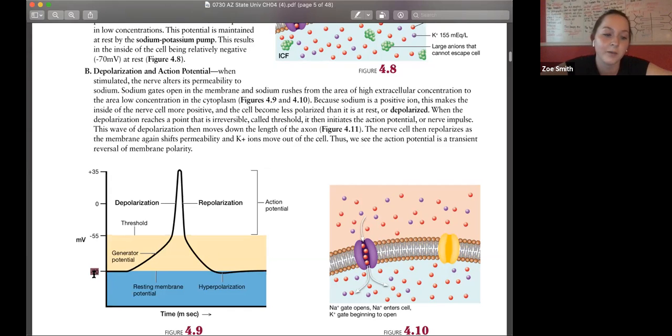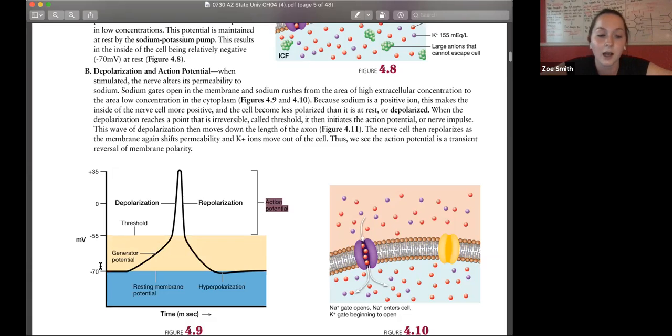You can see the millivolts increasing, and once it hits -55 mV, that is the threshold. Once it hits that threshold, there is going to be an action potential. This is an action potential.